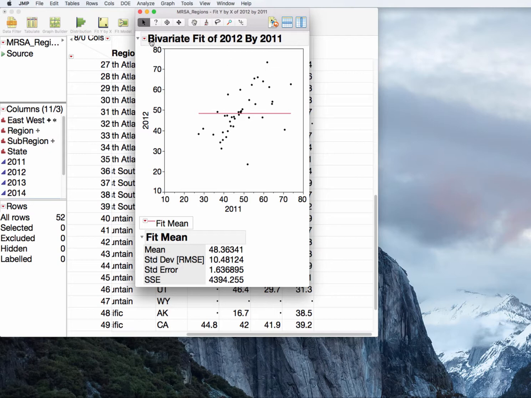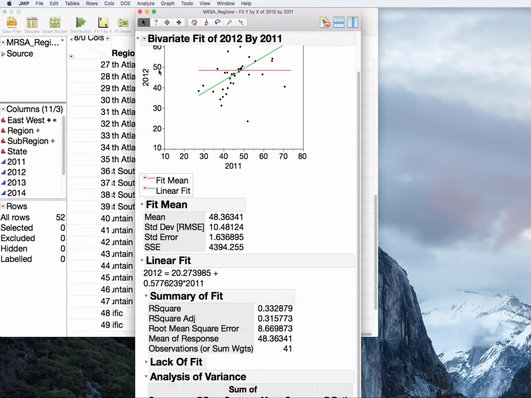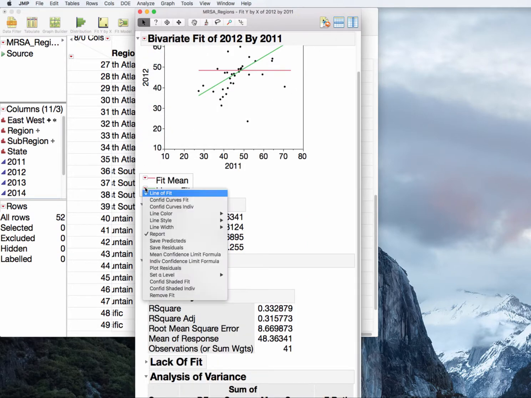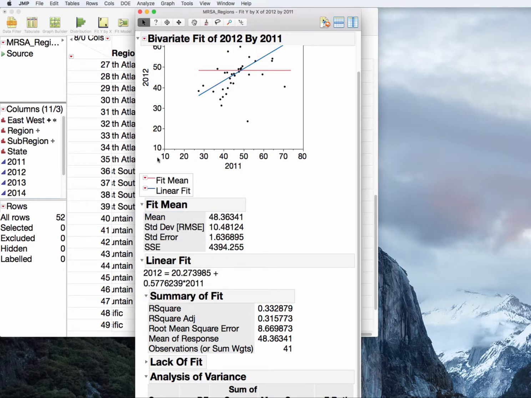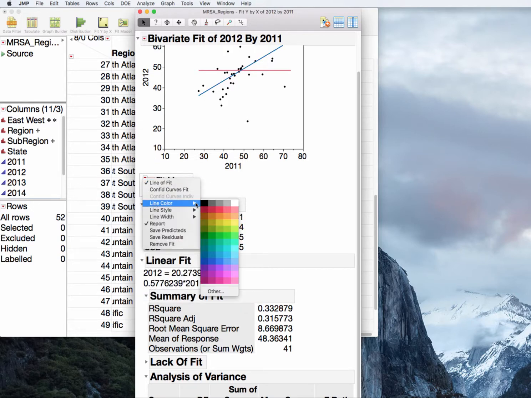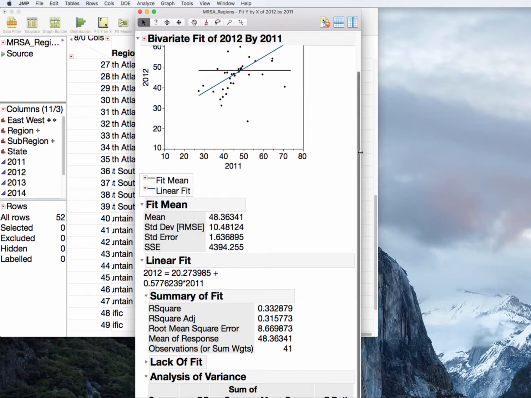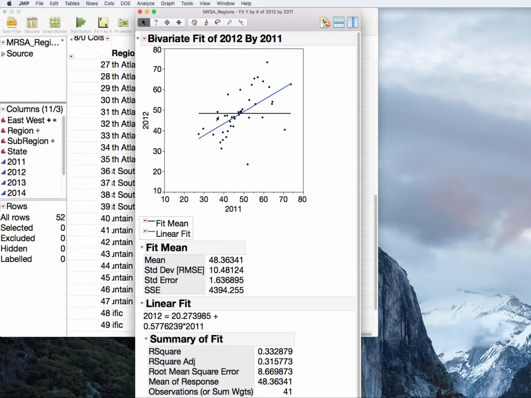So to ask for the fit line, we can do that here from JMP, and I'm going to change this line color to be a blue line here, and I'm going to change our mean fit line color to be a black line. Here's the black horizontal line is our mean, and the blue angled line here is our linear fit.